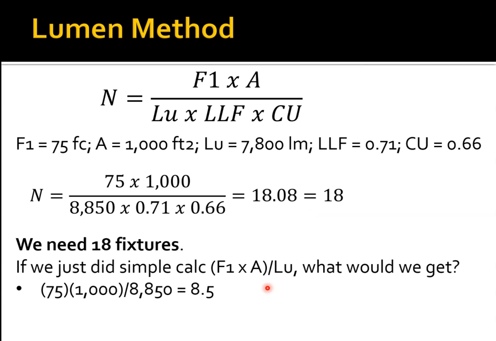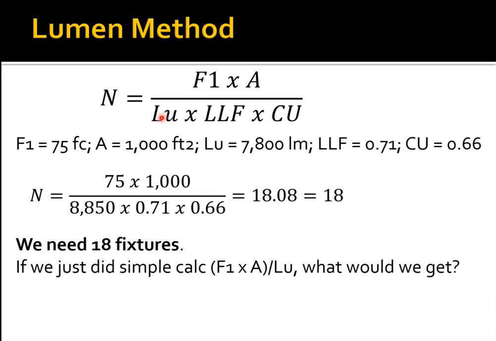So think about if we didn't use the lumen method, and we just did that simple way that we started with at the beginning, where we just take the area and the desired illuminance levels, and remember the initial thing that we did. We figured out we needed 7,500 lumens, and then we take the lumens per luminaire based on the initial lumens, right?